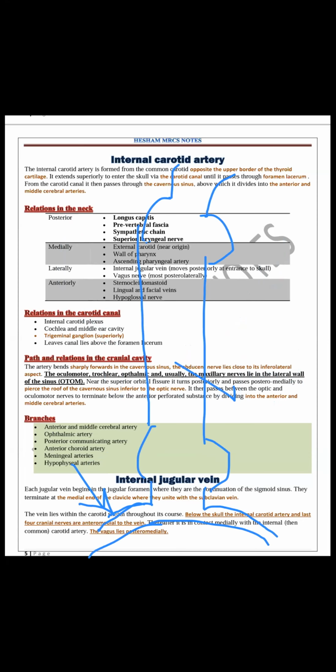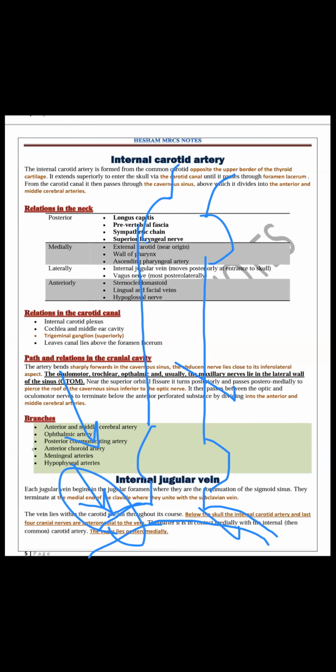It ends by joining the subclavian vein to form the brachiocephalic vein just behind the medial end of the clavicle, and in some questions behind the sternoclavicular joint. So this is the site for the start of the brachiocephalic vein behind the sternoclavicular joint.